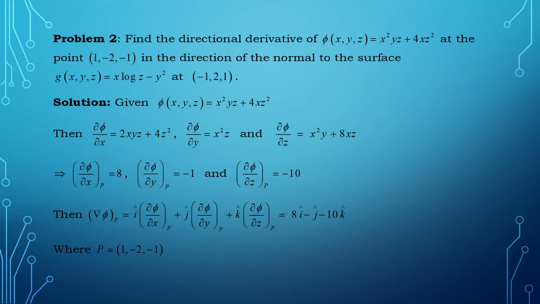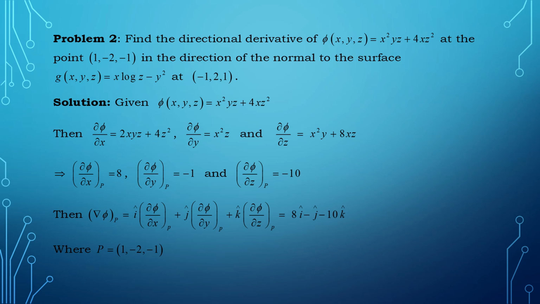Here u cap is a normal to the surface g of x, y, z equals x log z minus y squared. So we have to divide this problem into two parts. First, we have to find the gradient of the given scalar field phi of x, y, z at the given point (1, -2, -1).